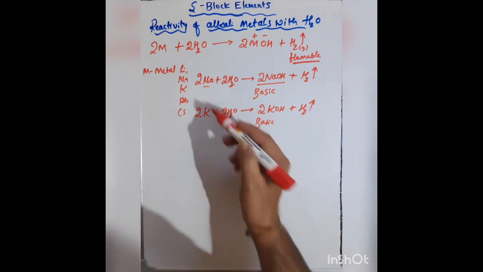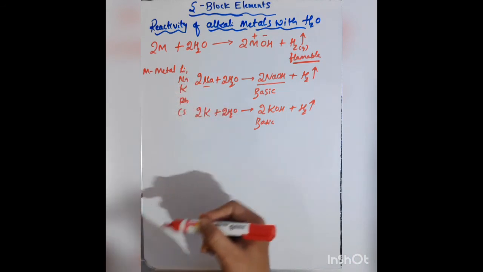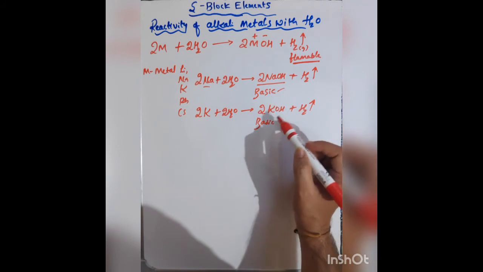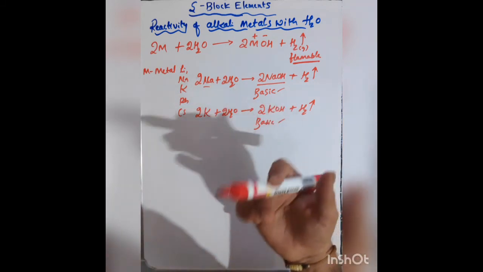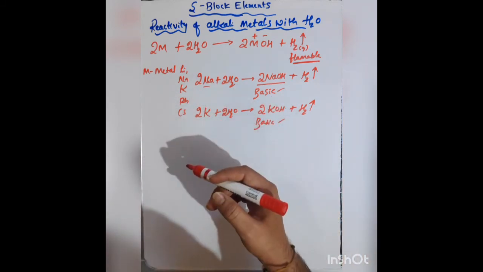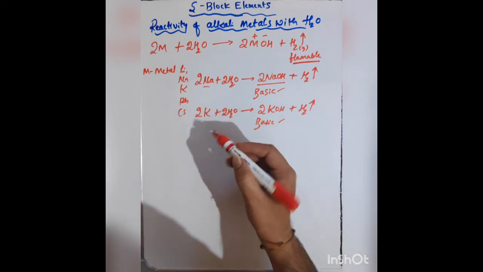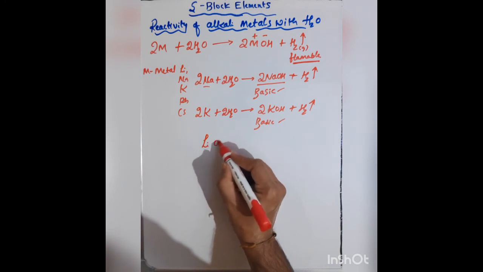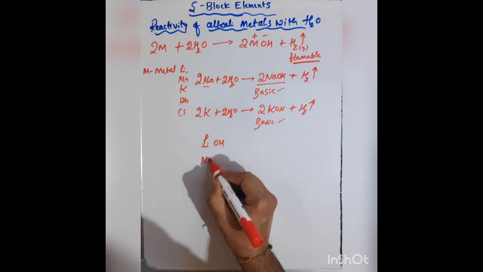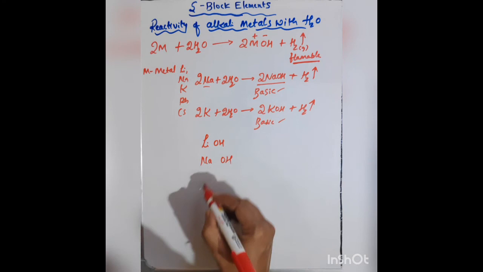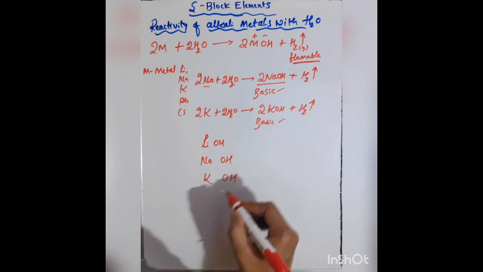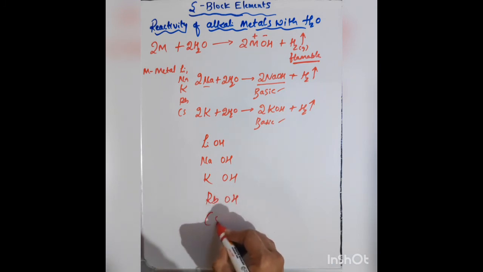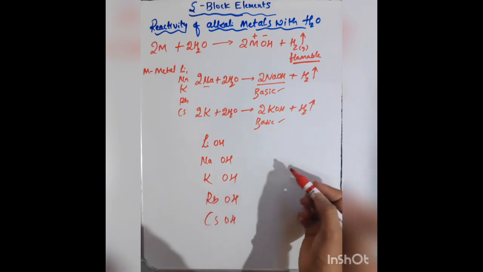So all the alkali metals, when they react with water, form basic solutions of their respective hydroxides: lithium hydroxide, sodium hydroxide, potassium hydroxide, rubidium hydroxide, and cesium hydroxide.